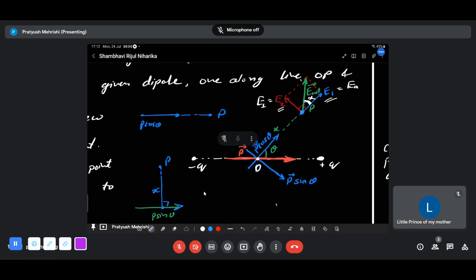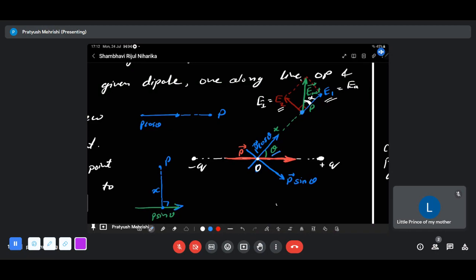Now at point O, the dipole moment is directed from negative to positive. So when we join the line, this line OP is making an angle theta.